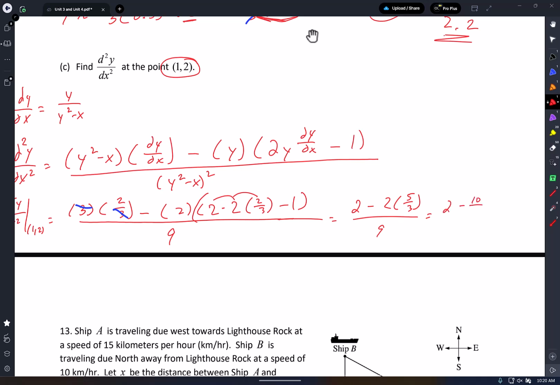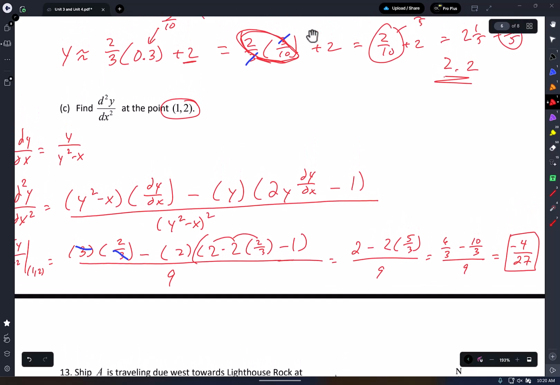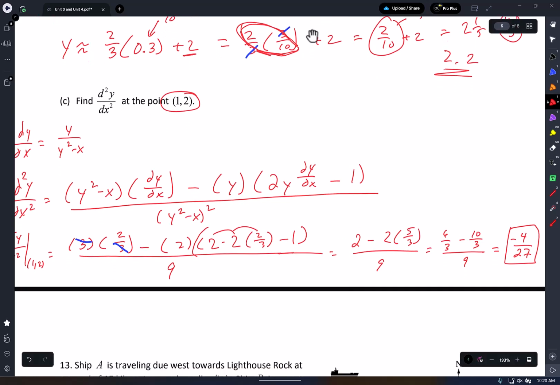2 minus 10/3, all over 9. So I'm going to turn that 2 into 6/3. And I don't see any issues right now. 6 minus 10 is -4. So -4, and then 9 times 3 is 27. If I didn't make any mistakes, it should be -4/27. And that's it, guys. I did it. So that's just arithmetic.